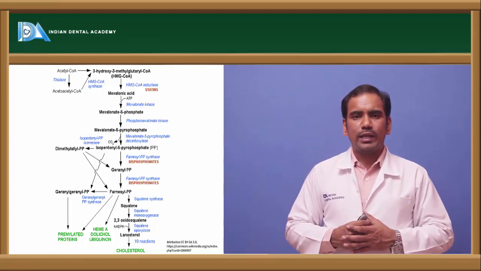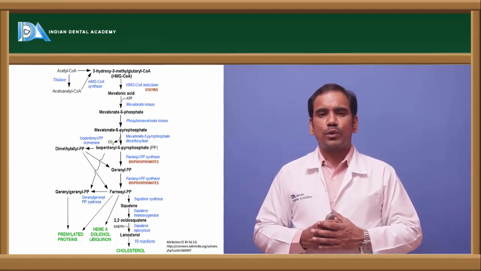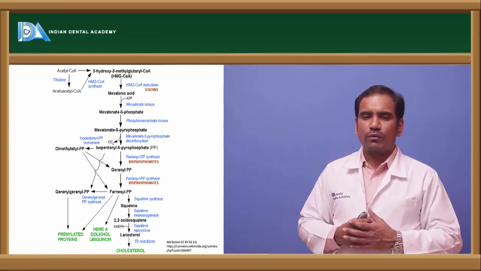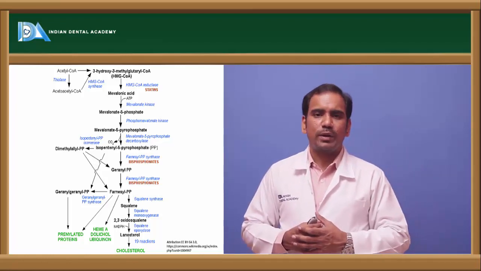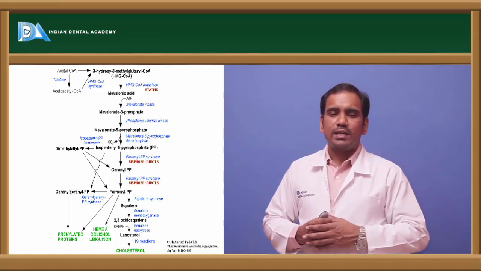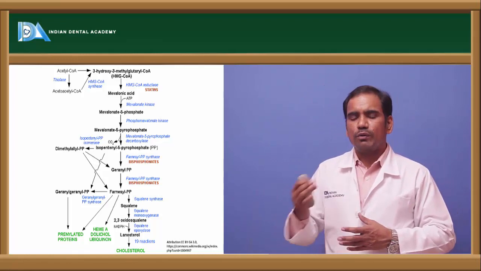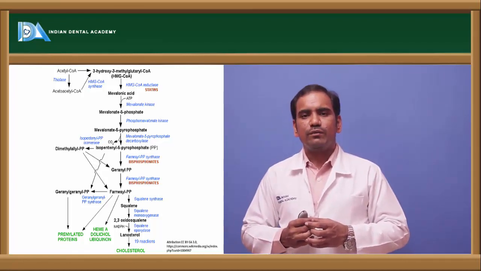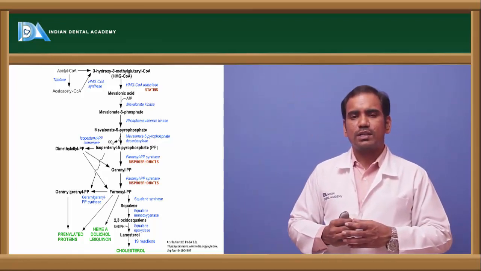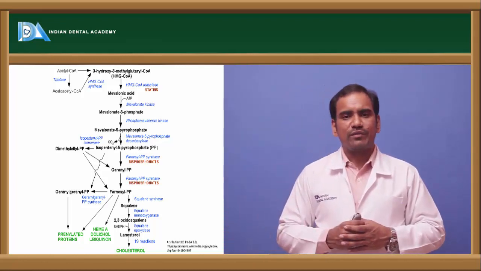That mevalonic acid is next converted into the active form of isoprenoid, isopentenyl pyrophosphate, by the reactions of 3 kinases. Mevalonate undergoes 3 phosphorylations catalyzed by kinases. Mevalonate kinase converts it into mevalonate 5-phosphate.